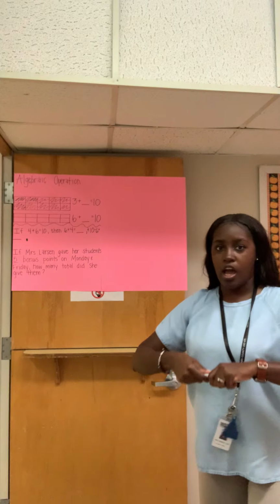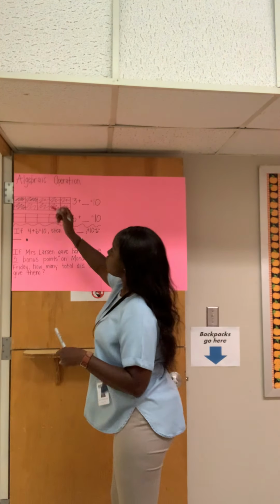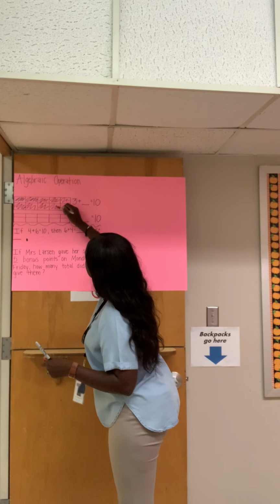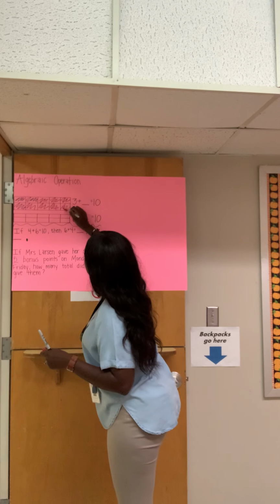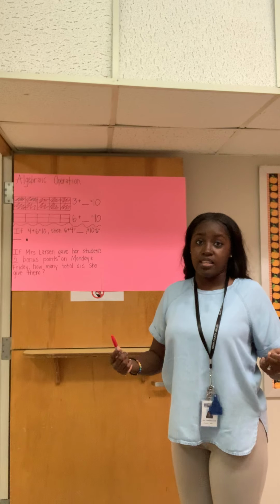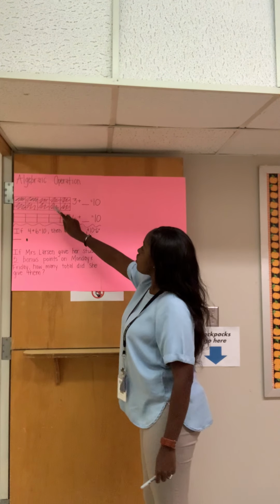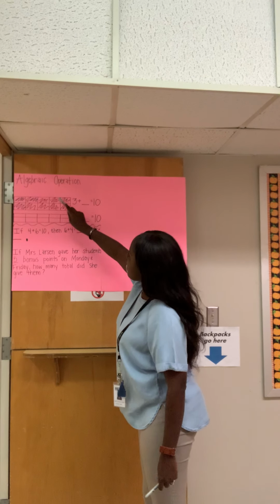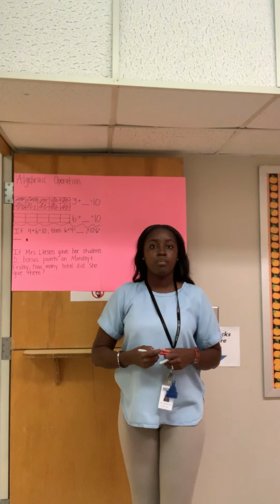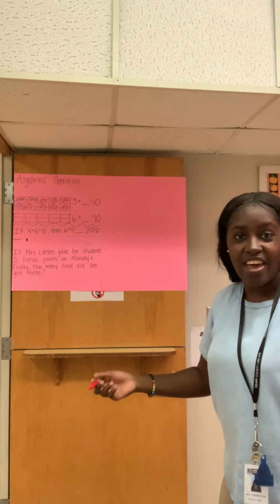And I am going to use a different color so that you will be able to see the difference. So we had 3. Now let's count to see how many we had to shade in to get 10. 1, 2, 3, 4, 5, 6, 7. So 3 plus what number will give us 10? It will be 7.